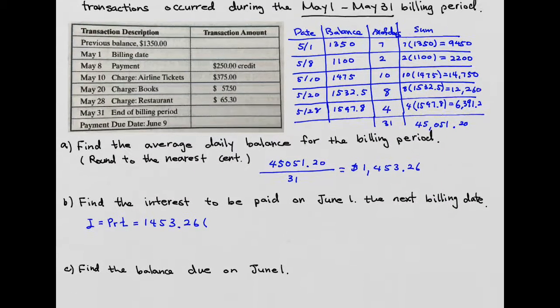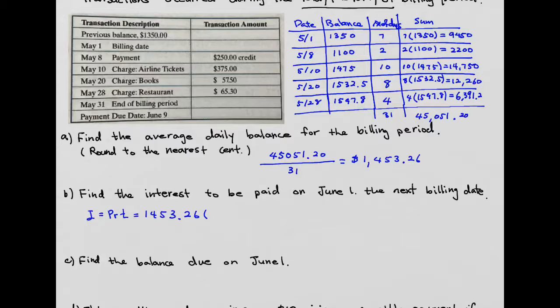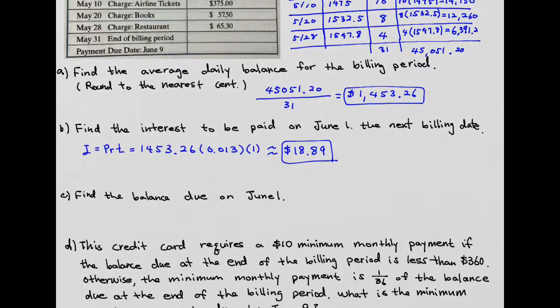Change it to a decimal, it gives you 0.013. This T is going to be months, and it was 1 month, right? When you input this into the calculator, you should be getting $18.89. Let's make sure we box our solutions.